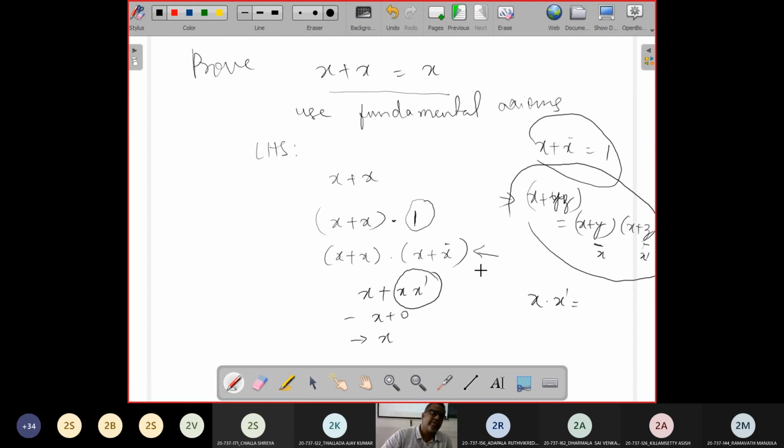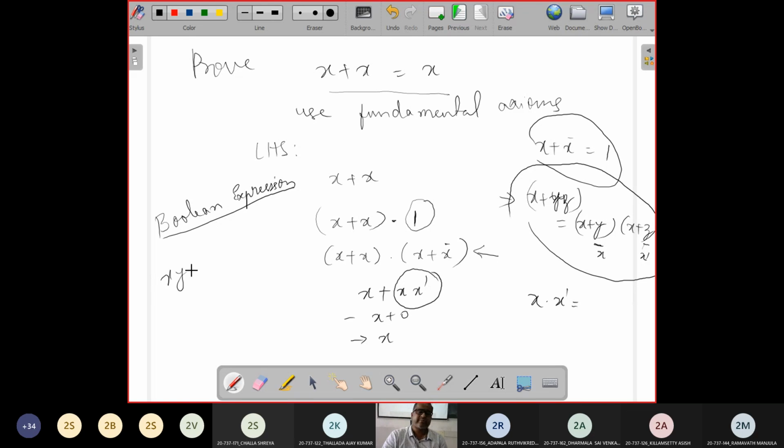In this way, we'll be using the fundamental axioms and theorems in order to simplify Boolean expressions. So let us understand this term called Boolean expressions. Any algebraic expression which involves binary variables is a Boolean expression for us.